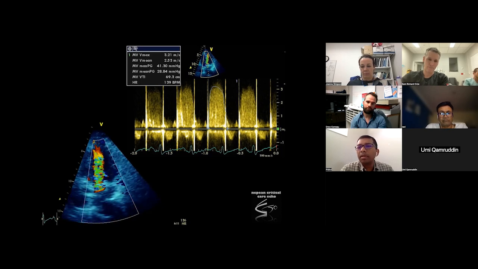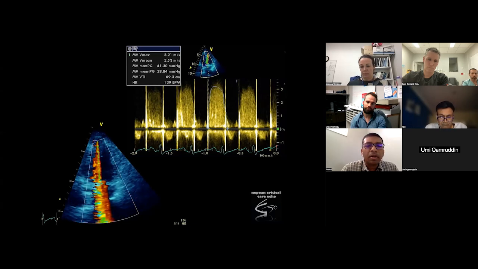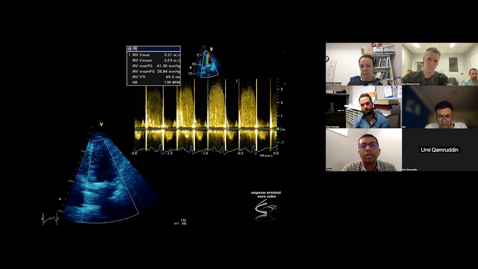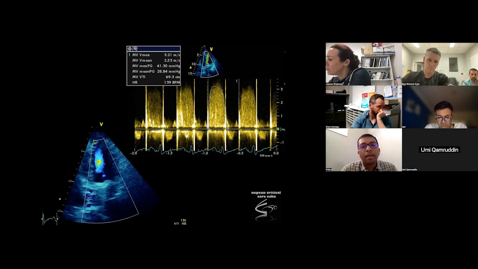First, the 2D appearance of a very stenotic mitral valve. With color, I would probably see evidence of a lot of turbulence or aliasing at the mitral valve. With continuous wave Doppler, I would be looking at a high mean gradient of more than 10, and a pressure half time which is quite prolonged.